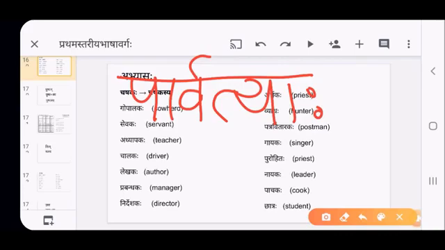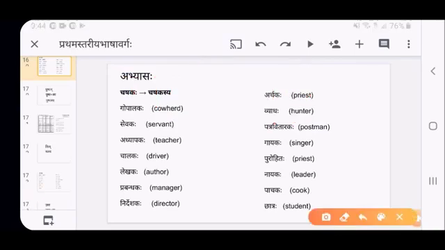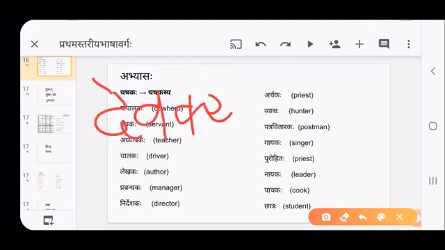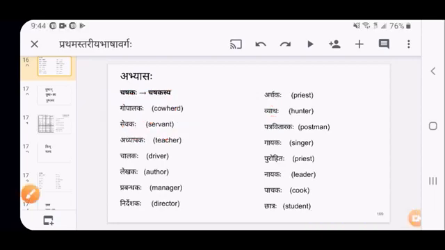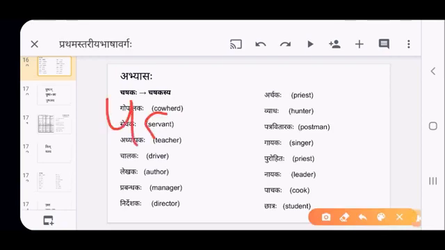Here it becomes Parvatyaha. Similarly, Devaki becomes Devakyaha. Then Saraswati, Saraswatyaha. Nadi, Nadyaha. Patni, Patnyaha.